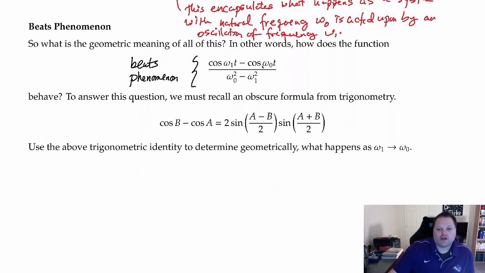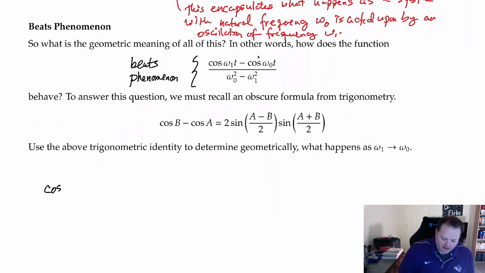And to show you what's happening here with this function as omega naught approaches omega 1, I want to remind you of a pretty obscure formula from trig. I wouldn't necessarily expect that you remember this formula. But if we apply this formula to this function, we can write the following.